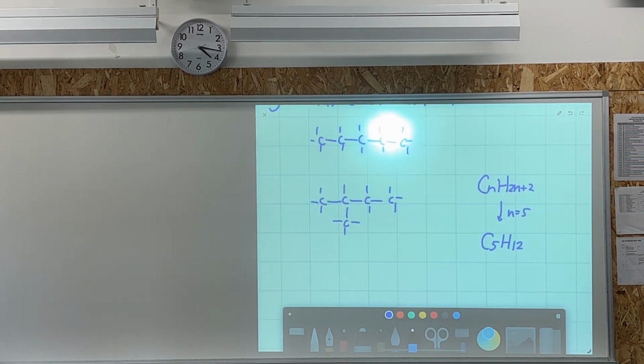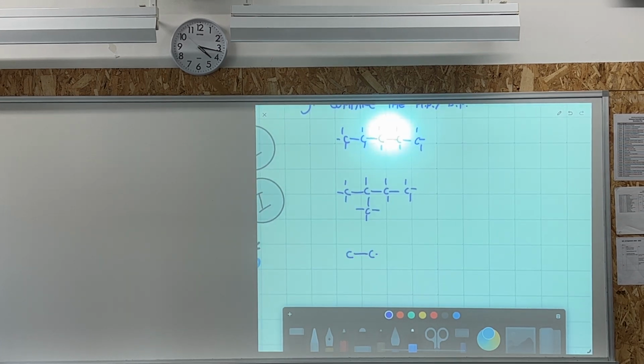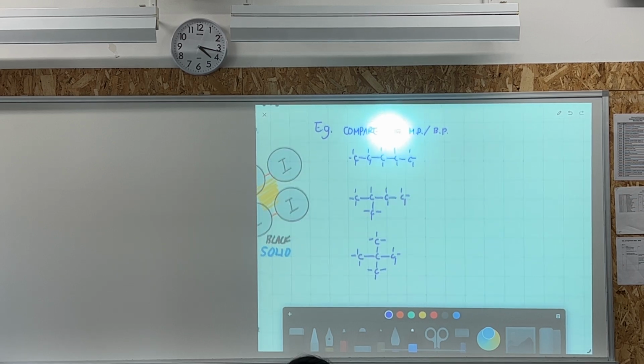If you said C5H10, that's pentene. That's not pentane. So make sure you bring your calculator tomorrow. And then we have this guy. This is also a relative, a distant relative, of the first 2 molecules. It also has 5 carbons, 12 hydrogens.